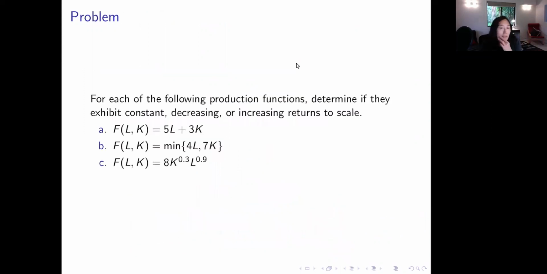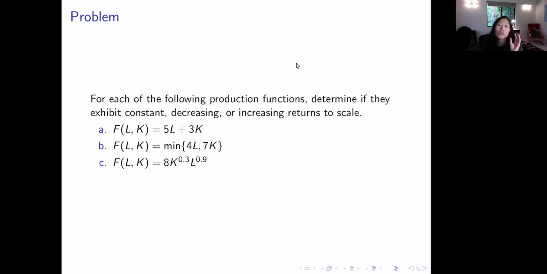Okay, so let's solve 3 different kinds of production functions. We have a linear production function, and a perfect complement production function. When you see min, it's similar to the utility function where x and y are perfect complements, right?